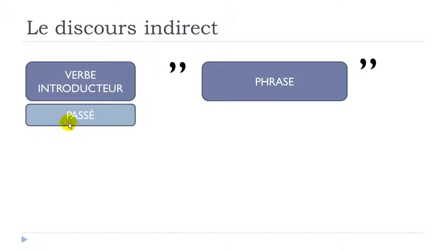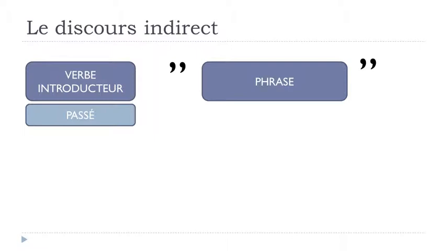And when I write past, basically it could be imparfait, passé composé, passé simple, all the past tenses that we saw so far. Well, if this first verb is in the past, then the rest of the sentence, or the rest of the structure here, will have to be modified if you want to put that in the discours indirect. And that's what we'll see in this video.